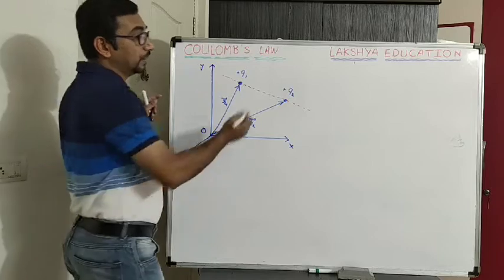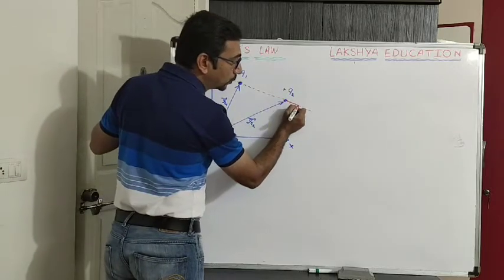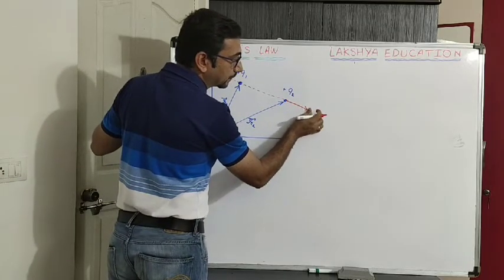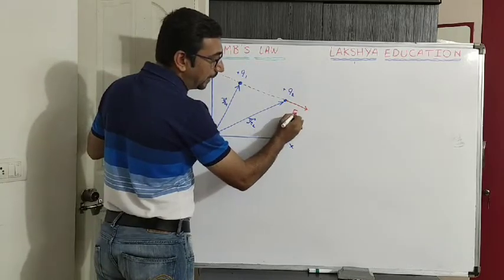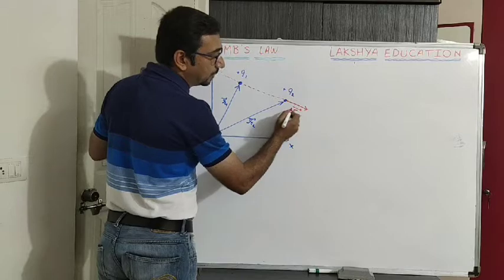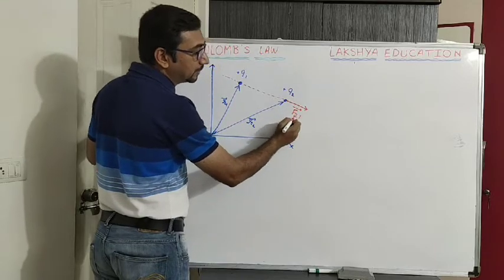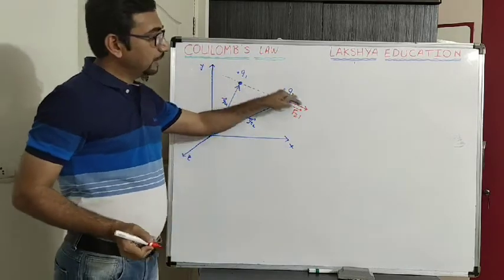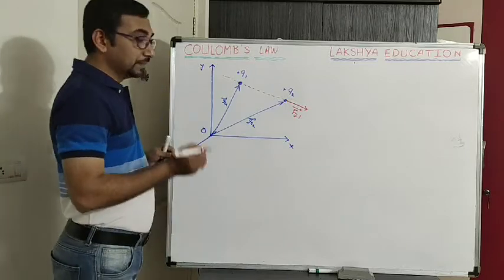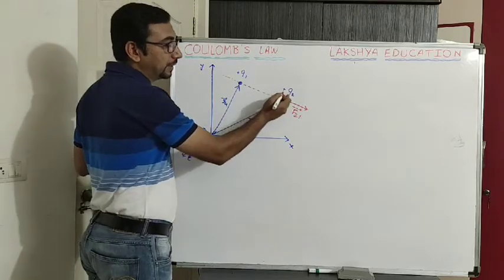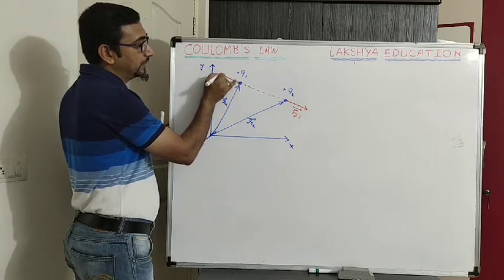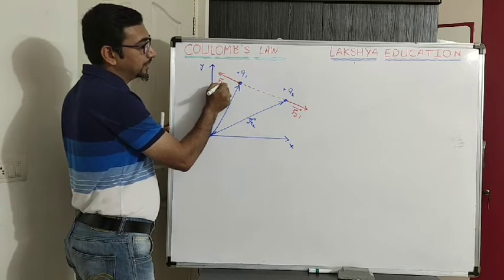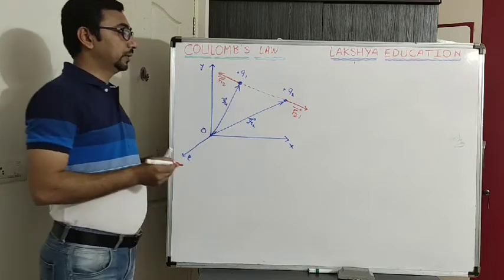So the force acting on the q2 charge due to the q1 charge, which is F21, force on the second charge by the first charge, will be in the outward direction. Similarly, for the force exerted by the second charge on the first charge, the force on the first charge will be in this direction, represented by F12.